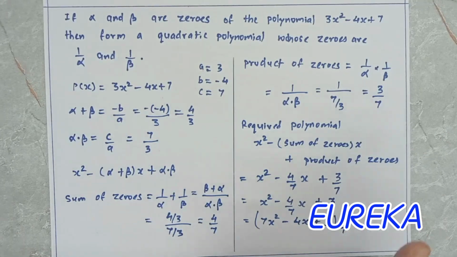This is a very important type which comes for 3 marks very surely. Okay, 3 to 4 marks it comes very surely. So hope the type is clear, and in case there is any doubt, see, we can understand things in a better way with the help of a video, because we can go back, we can reverse the video, we can move forward.